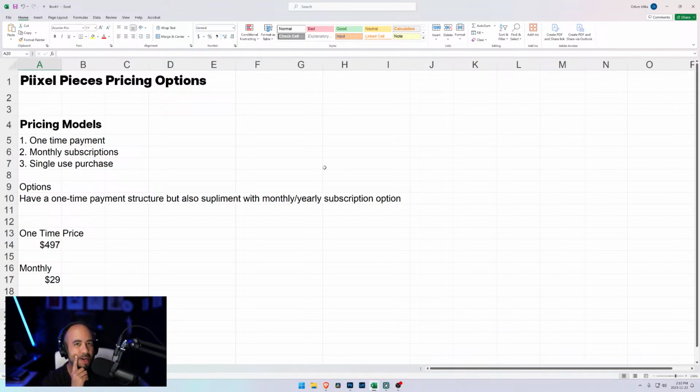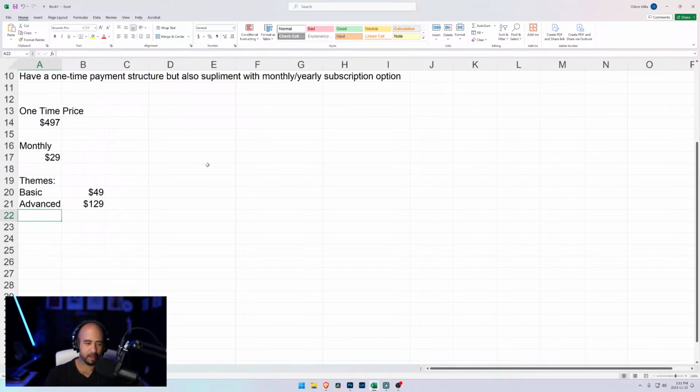So if it's a basic theme, I guess we could maybe have different tiers. If it's a basic theme, then it's $49. And then if it's advanced, then it's like $129. I think that's about standard cost of Webflow themes.